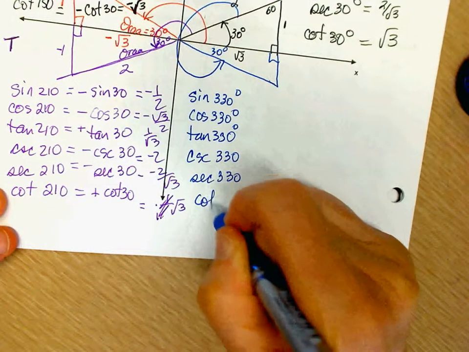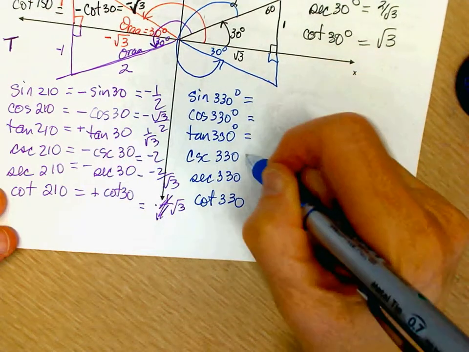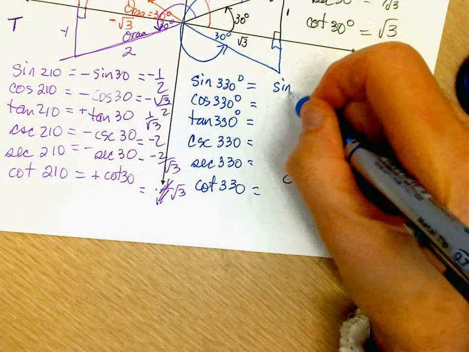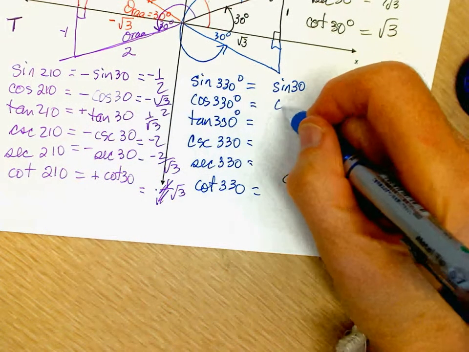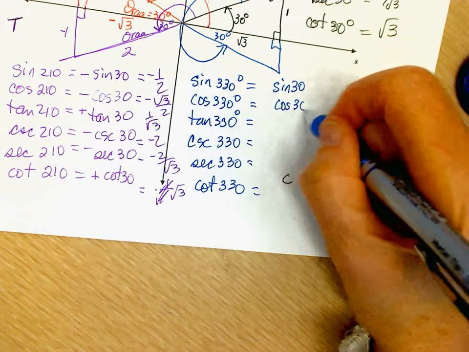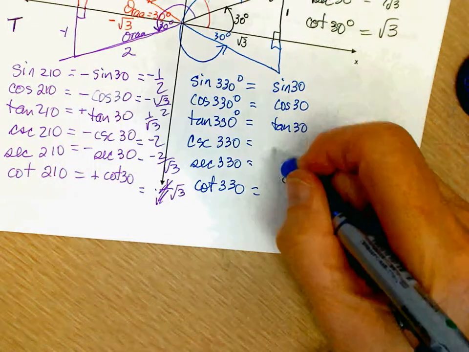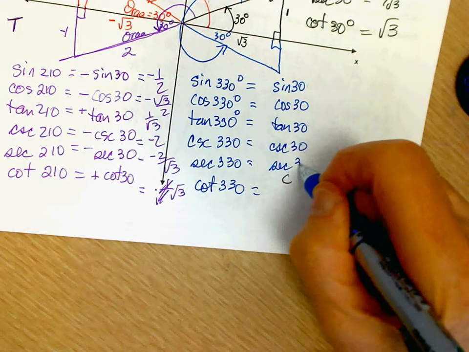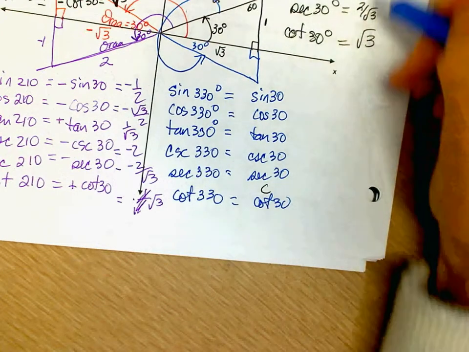Well, now we're writing it as a function of its related acute angle. It's going to equal any one of these values up here, the corresponding values.